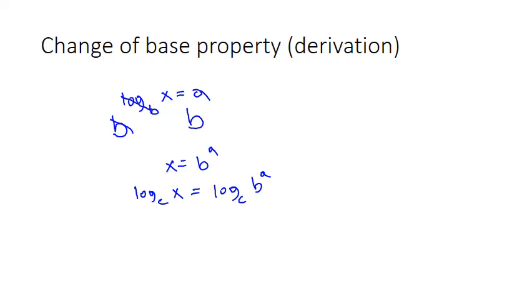Notice on the right side of the equation that we can use a property of logs to work on this, to get this to be something different. Remember, we said that with our previous property, if we have a base and a power, we could just move that power to the front as multiplication. So this is basically the same as a times log base c of b.